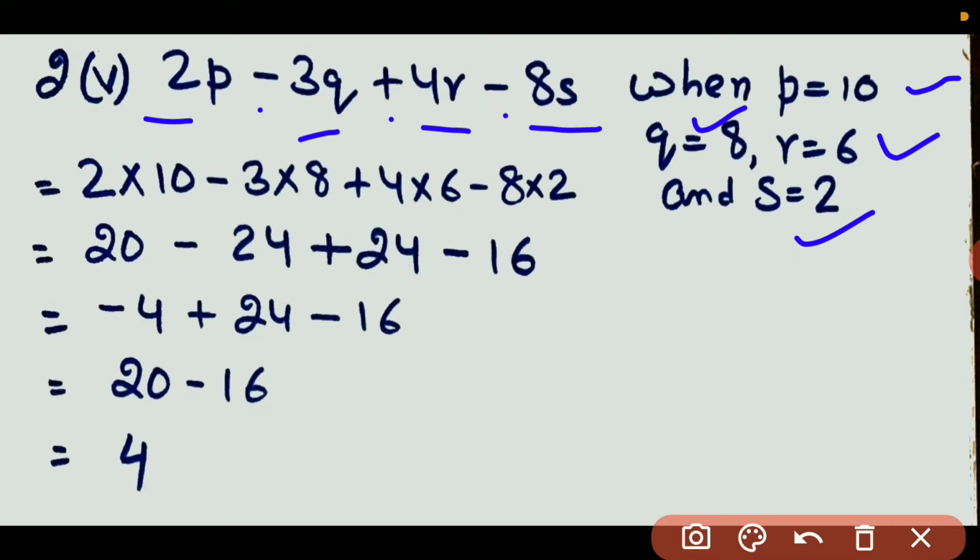Now 2p means 2 into 10, minus 3q means 3 into 8, plus 4r means 4 into 6, minus 8s means 8 into 2. Now doing the multiplication, 2 into 10 is 20, minus 3 into 8 is 24, plus 4 into 6 is 24, minus 8 into 2 is 16.